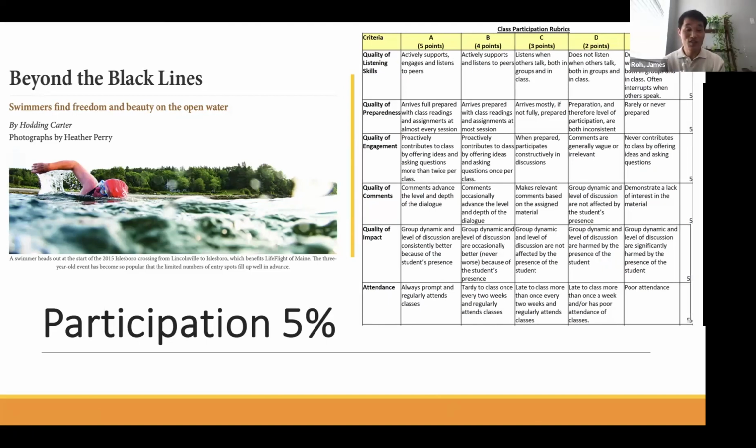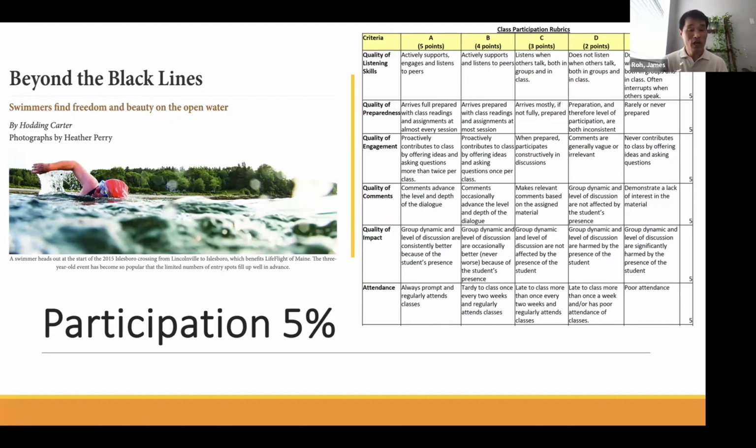Yeah, that's right. So here in this article is "Swimmers find the freedom and beauty on the open water." I'm definitely not this kind of person. Although I can swim in shallow water in the ocean, I'm afraid of going into deep water.